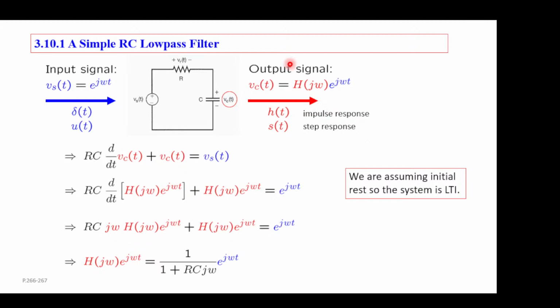So we want to know what is big H of j omega. Then we just assume the input is e to the j omega t, and the output is big H of j omega times e to the j omega t.